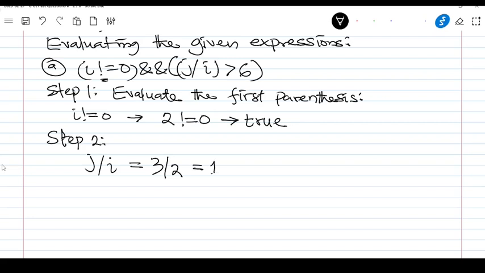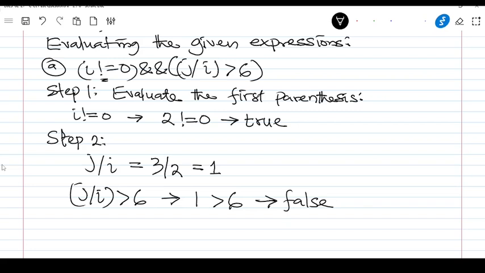It is equal to 1, because the decimal part is truncated. 3 divided by 2 is supposed to be 1.5, but since it's an integer division, we consider only the whole part. So j divided by I is equal to 1. It now means that j divided by I greater than 6 is simply 1 is greater than 6, and that is false.